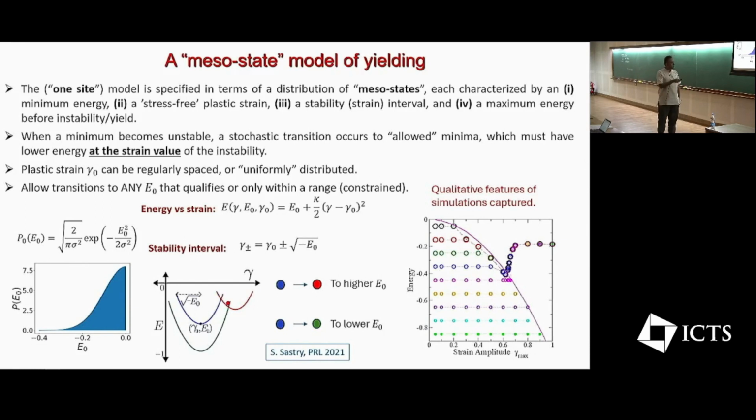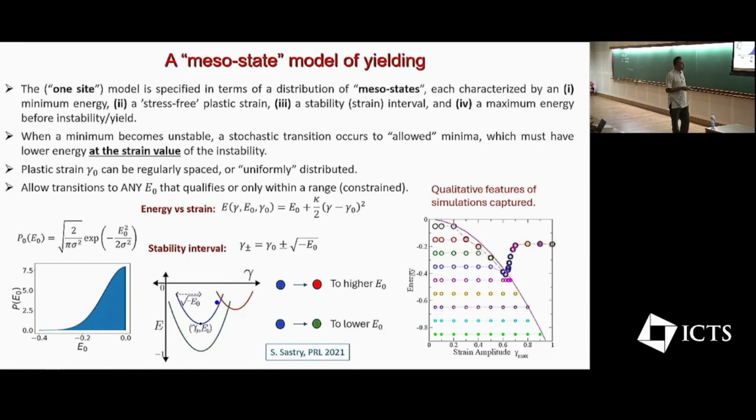But this elastic response will last only up to some finite range of deformation, at which point your system will become unstable and make a transition to a new glass, right?